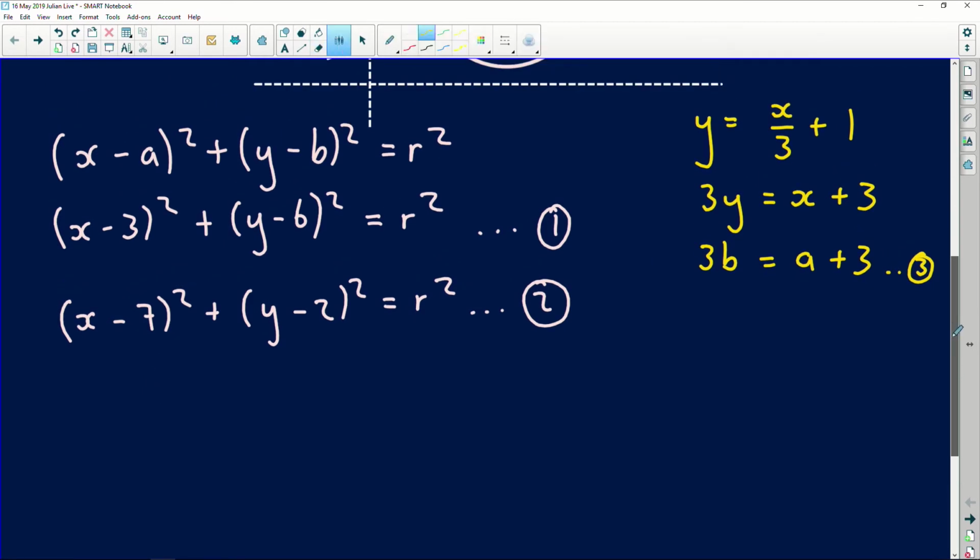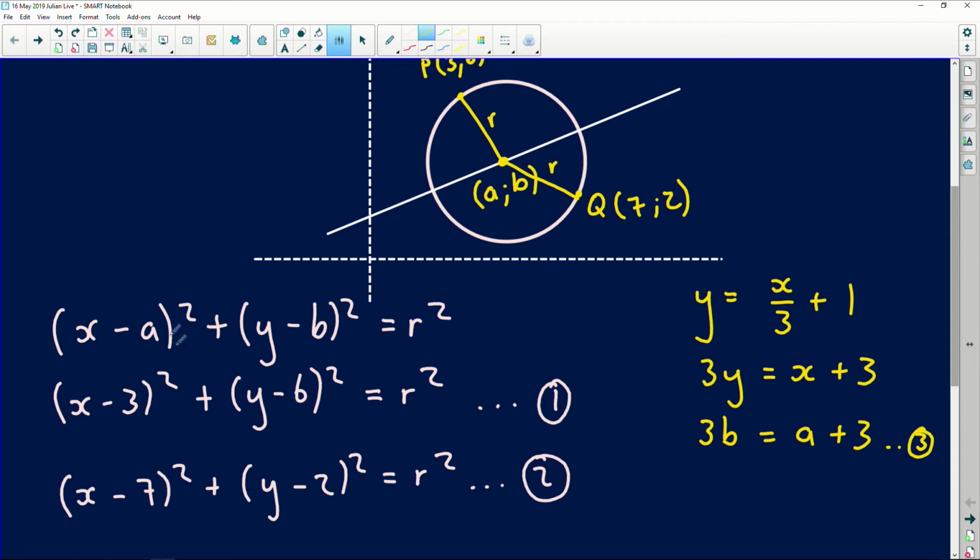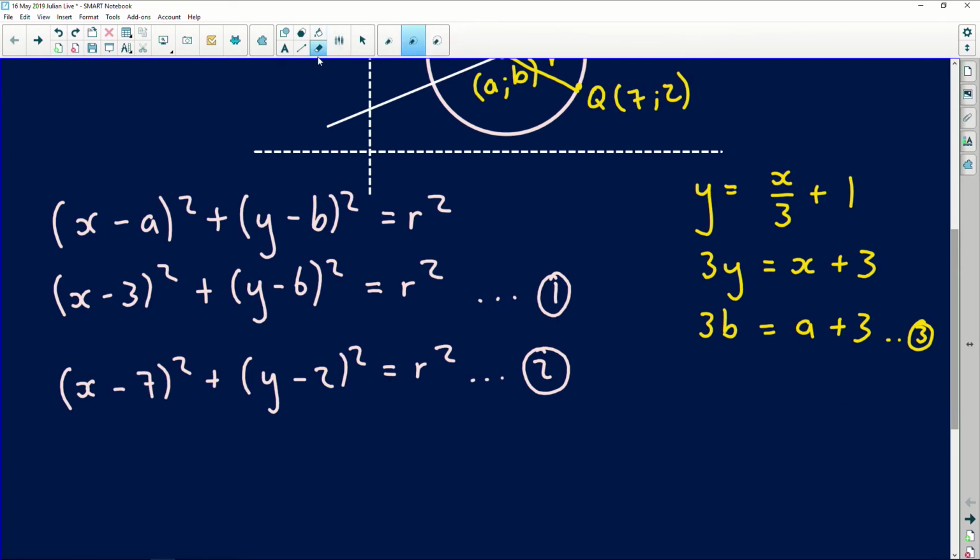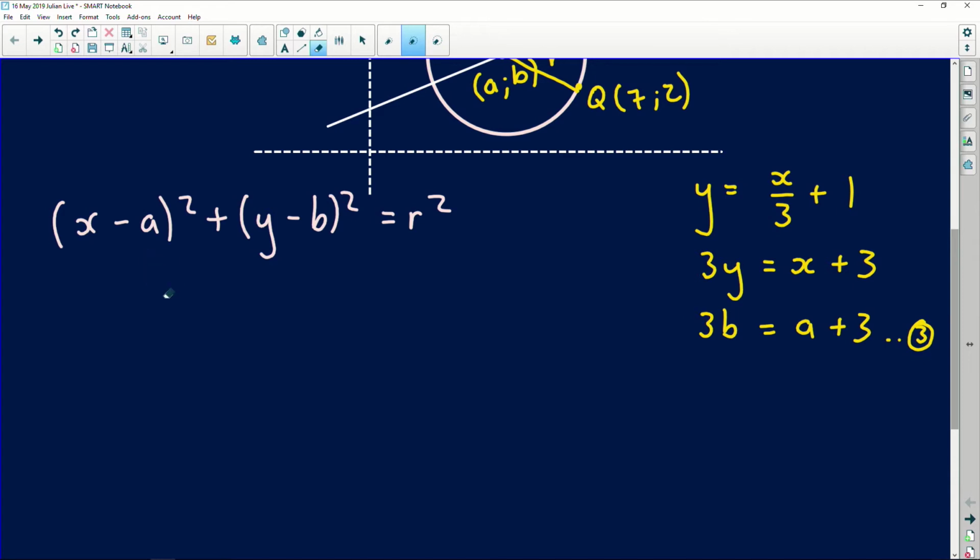No worries, we can do this. What I've done over here is I've said a is equal to 3, where it's supposed to be x is equal to 3. Okay guys, so forgive me for that. I'm going to quickly rewrite these equations and we're going to be back on track.